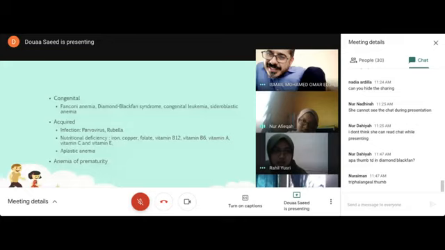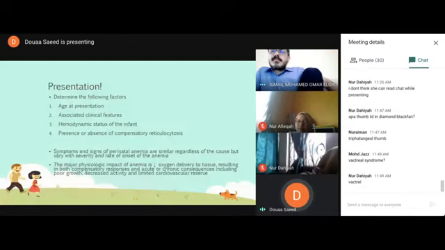Signs of perinatal anemia are similar regardless of the cause, but they can vary with severity and rate of onset of the anemia. The major physiological impact of anemia is decreased oxygen delivery to the tissues, and that will result in both compensatory responses and acute or chronic consequences that can include poor growth, decreased activity, and limited cardiovascular reserve.